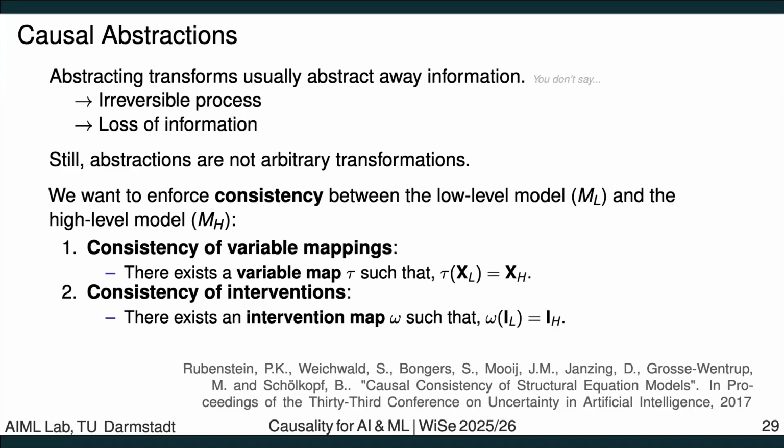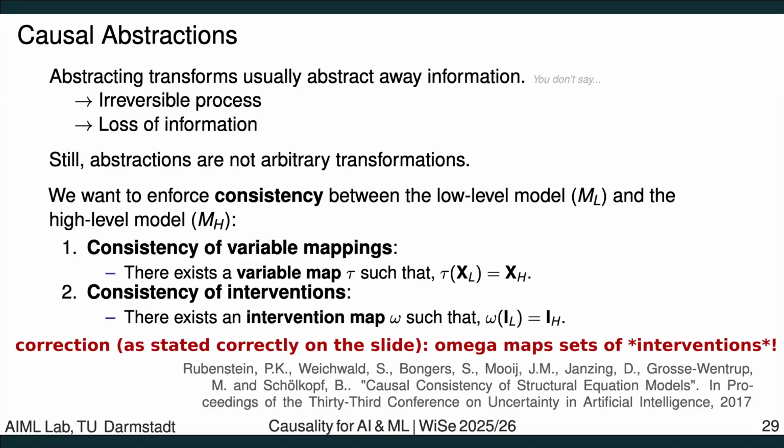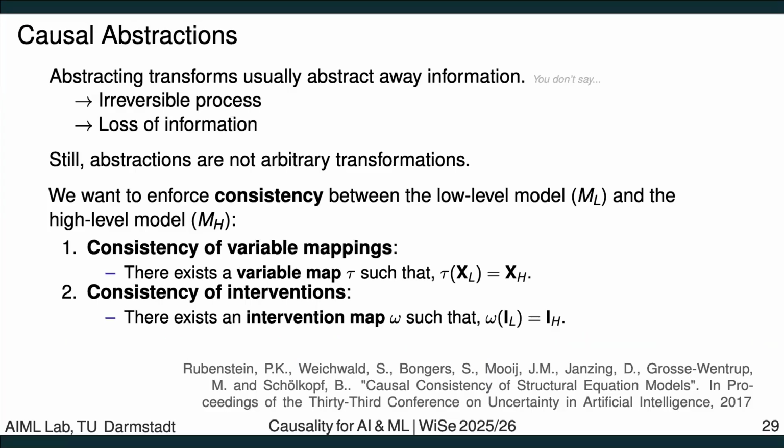And we can think of a causal abstraction as a mapping between a low-level and a high-level model. Typically in the literature, we have some function tau and some function omega. The tau function maps variable values of the lower-level model to the higher-level model, and the omega function maps sets of variables from the lower level to the higher level.